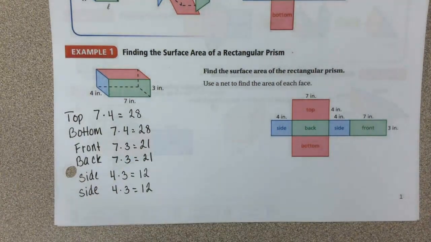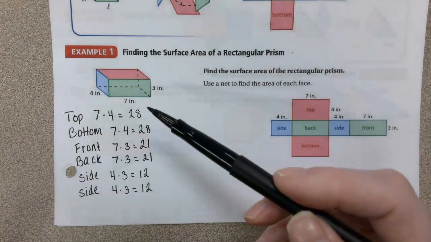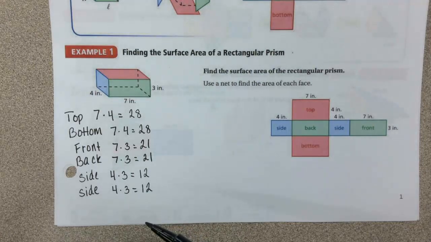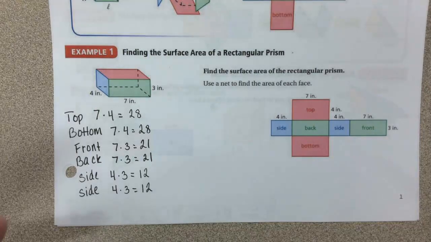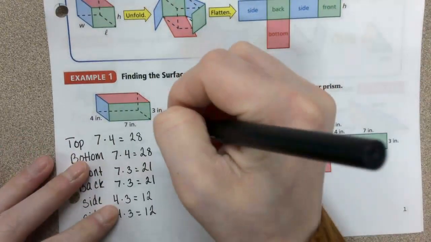So we should be pretty proficient now in finding areas. So we just found the area 6 different times, 6 different rectangles here. So now what you're going to do is just find the sum of the areas of the faces.